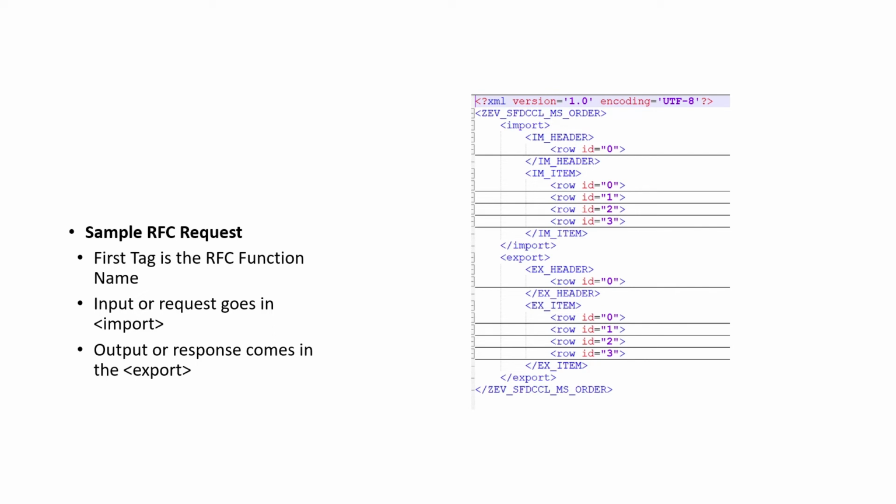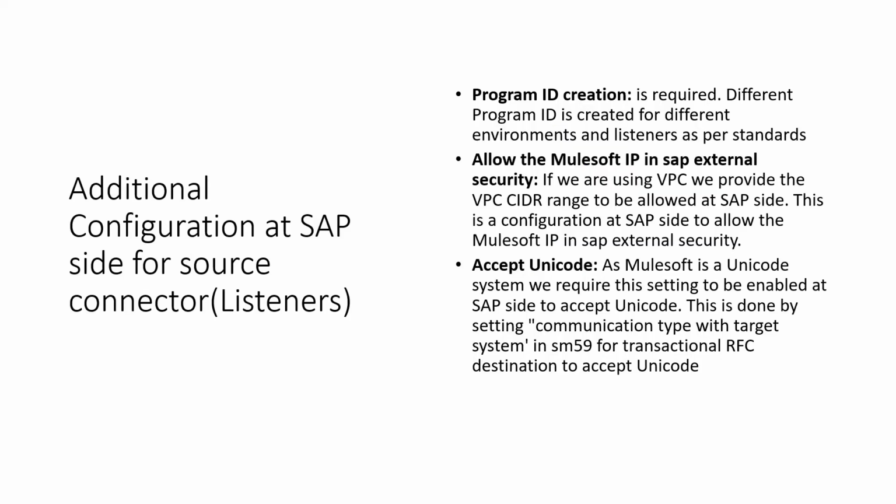So this slide is basically based on my project experience. Program ID creation is required for the IDOC listener and the function listener, which listens to a BAPI function. For each unique listener listening to an IDOC or a function, we should have a unique program ID.